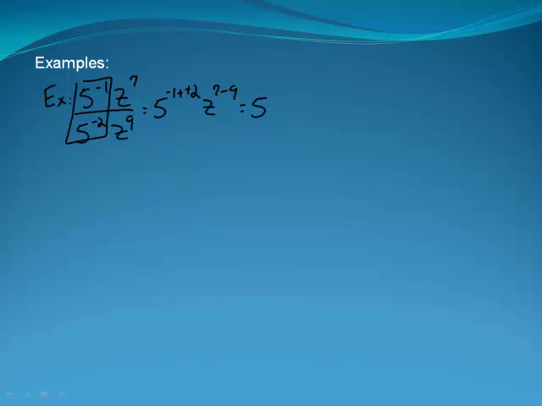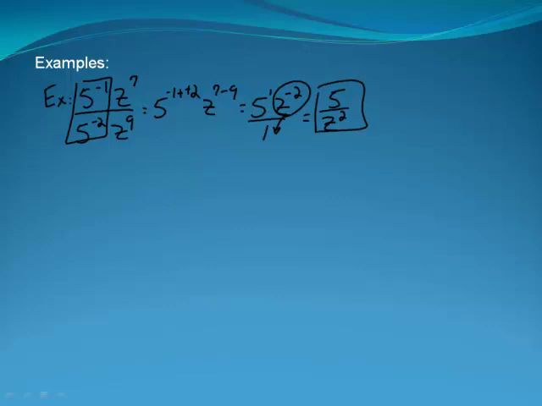So we've really got negative 1 plus 2. Negative 1 plus 2 is a positive 1. Z to the 7 minus 9 is negative 2. Now we can't leave our final answer like that because negative exponents in a final answer are not allowed. So now we've got 5 in our numerator, and we've got z to the positive 2 in our denominator.